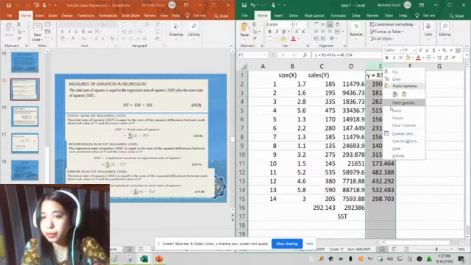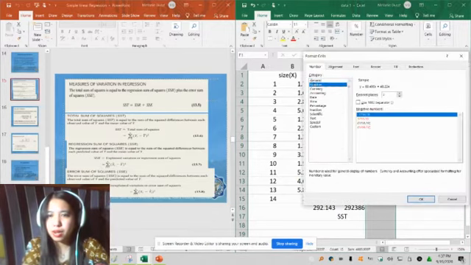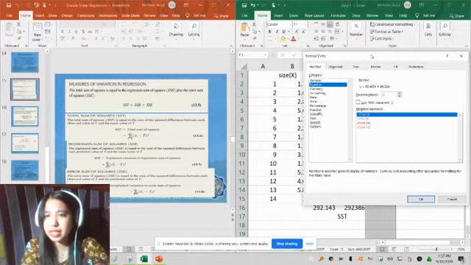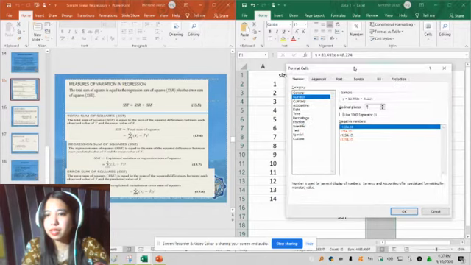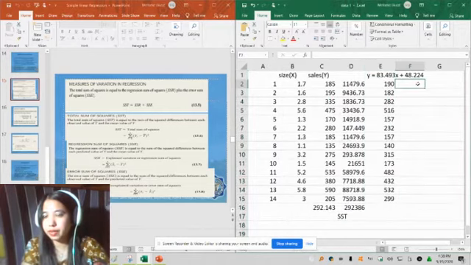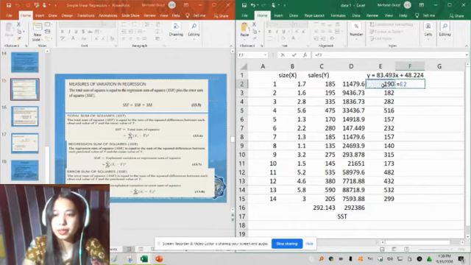Okay, so what we are going to do is limit this to, let's change this to 0 decimal places. Now we compute the predicted value minus the value of the mean, which is already computed.